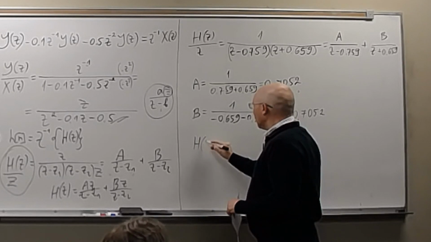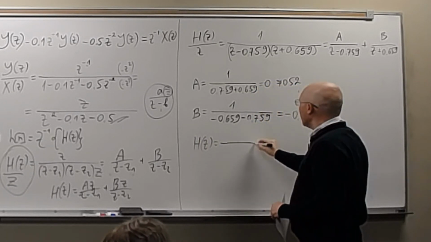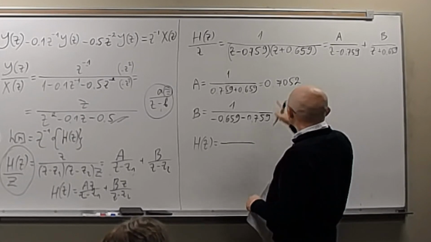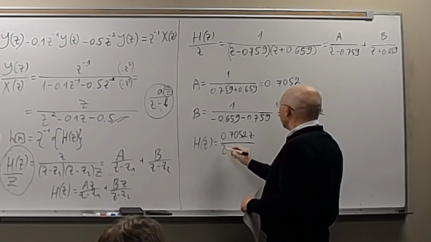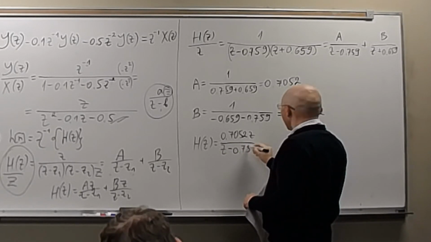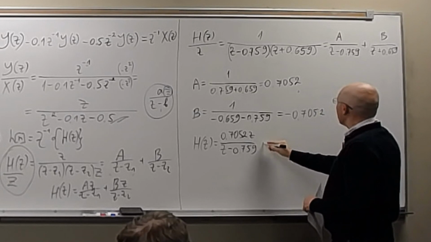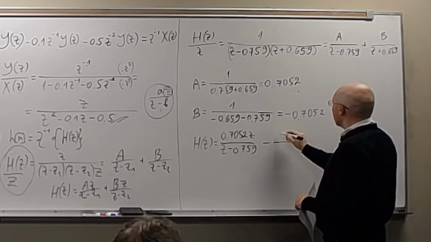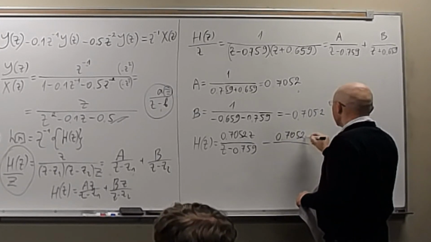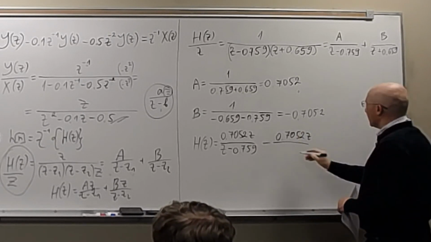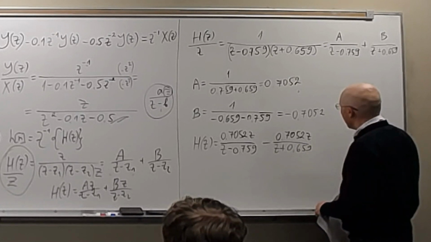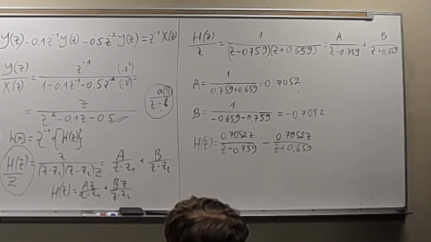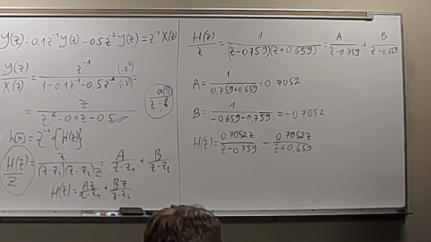Now, h of z, in that case, will be z times A, and A will be 0.7052 z divided by z minus 0.759 minus 0.7052 z divided by z plus 0.659. This is partial fraction expansion. Any questions so far?